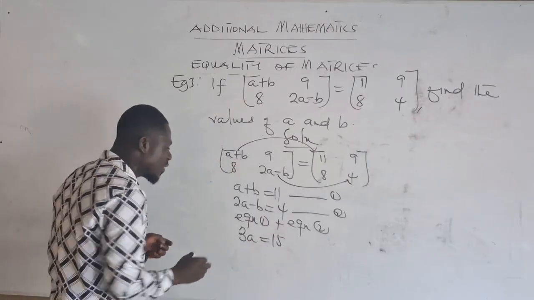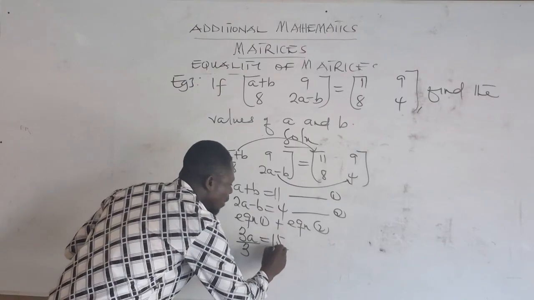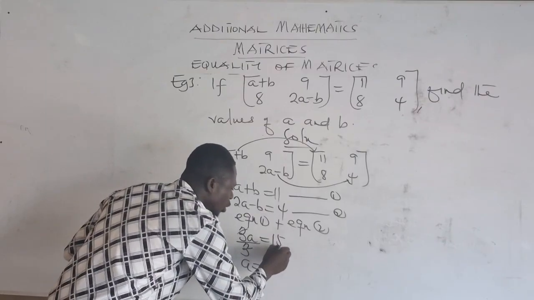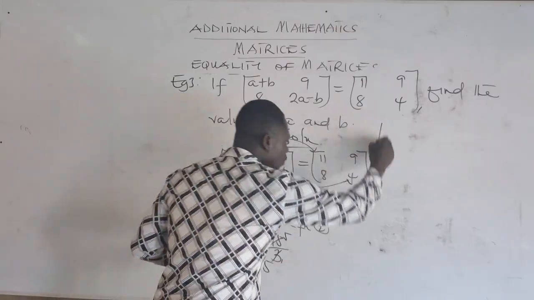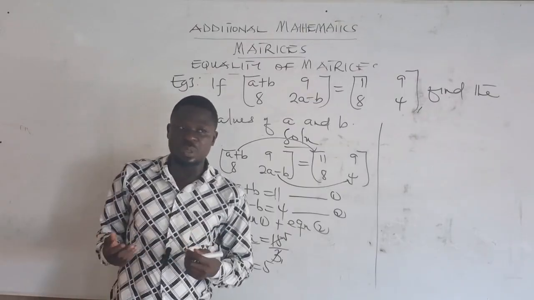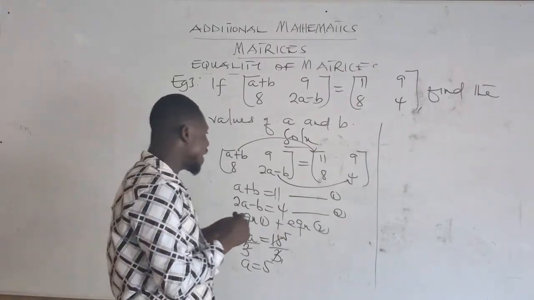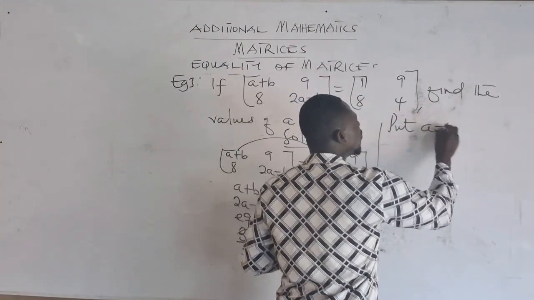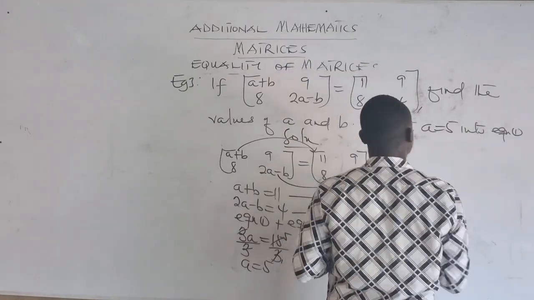In order to find the value of a, we divide here by 3, here by 3. So my a is now equal to 5 because 3 goes into 15 five times. Now we have gotten the value of a to be 5. In order to find the value of b, we put the value of a into any of the equations. And in this case, we will put a, which is equal to 5, into equation 1.